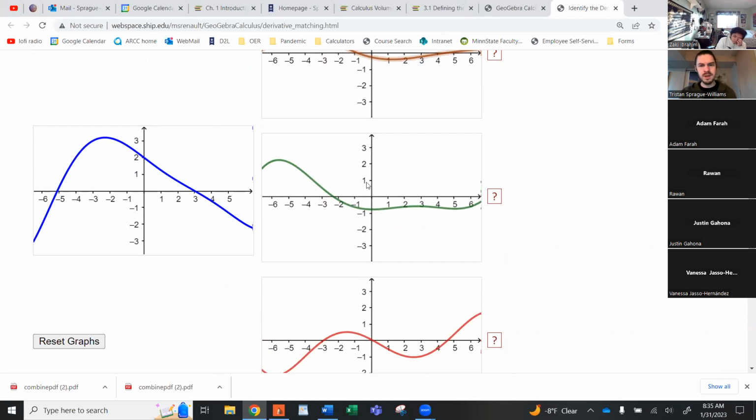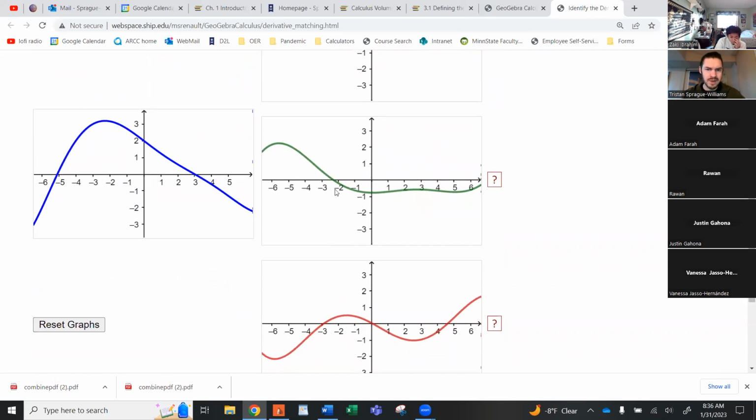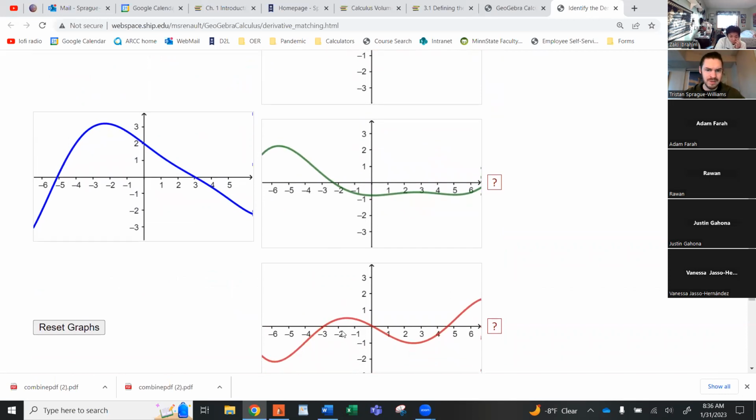So in this one, this green graph and this red graph both have an x-intercept at about -2.5 or -3. That's approximately where this peak is over here. So that peak, where you'd have a horizontal tangent, corresponds to this x-intercept and this x-intercept, right? But you can see that the green graph is positive to the left of that, whereas the red graph is negative to the left of that.